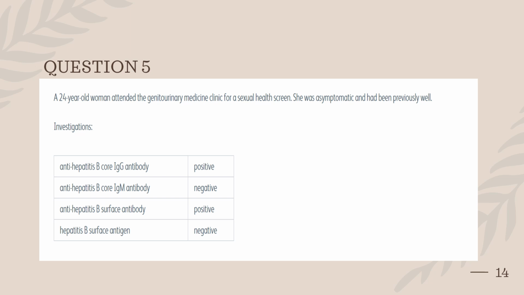It doesn't come with your vaccine, because the vaccine has only surface antigen. So when you're vaccinated, your body produces antibody against that surface antigen, because you are being exposed to that new antigen. So your body produces hepatitis B surface antibody, not antigen, antibody. So once you're vaccinated, you can have this anti-hepatitis B surface antibody.